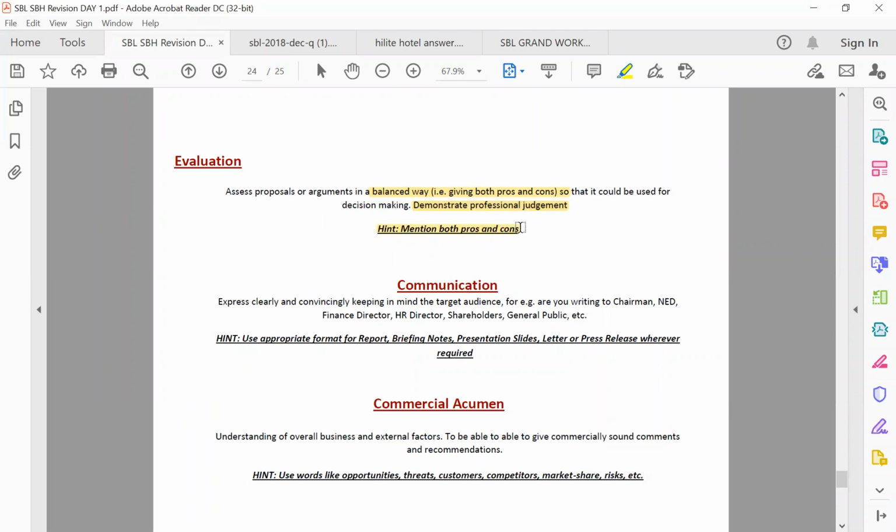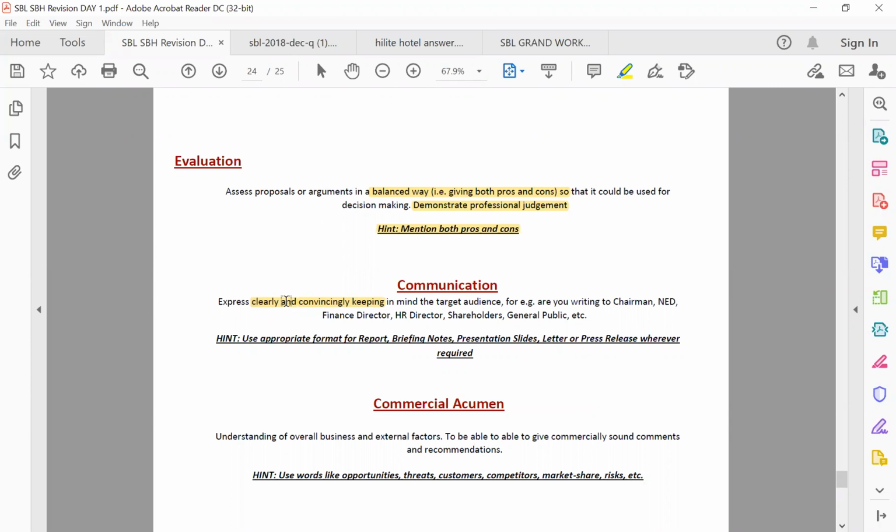Then, the basic meaning of communication skills is to express clearly and convincingly. You need to express your answer very clearly and convincingly, keeping in mind the target audience.